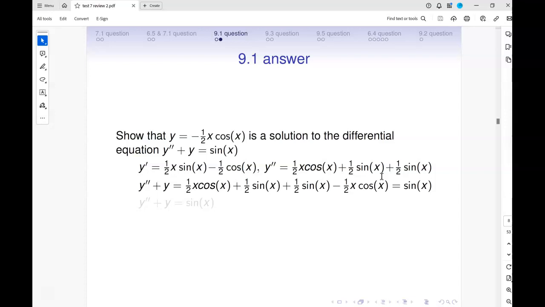And you have a positive 1/2 x cosine x and a negative 1/2 x cosine x. They just cancel each other out. So we just have that y double prime plus y is sine. We did it. The hardest part was getting that second derivative correct. So the 1/2 does distribute.